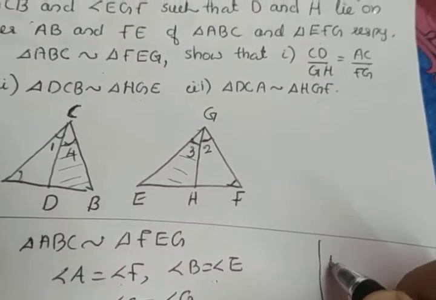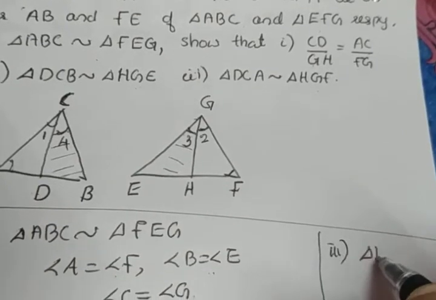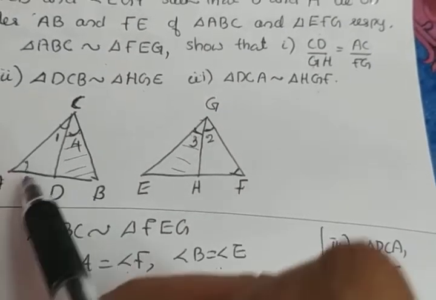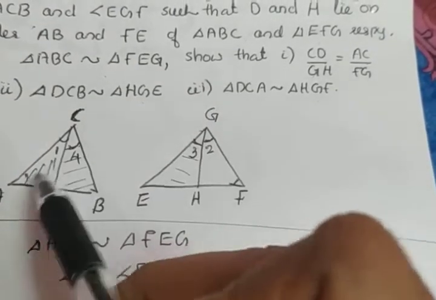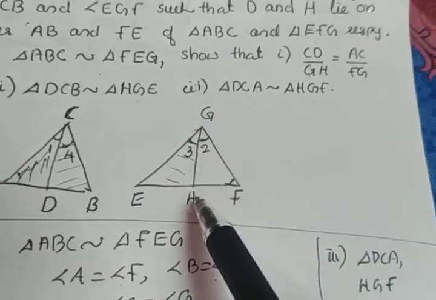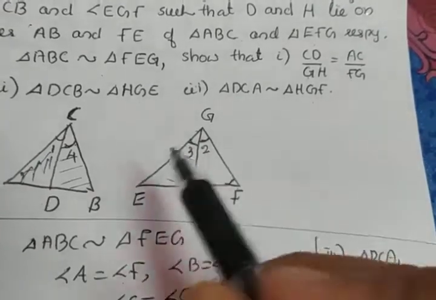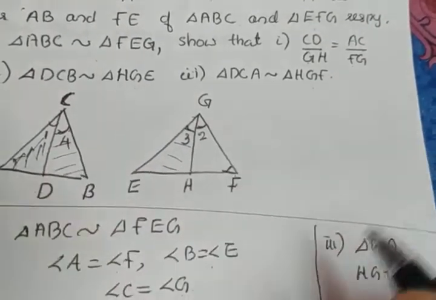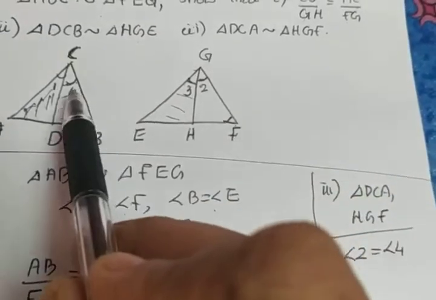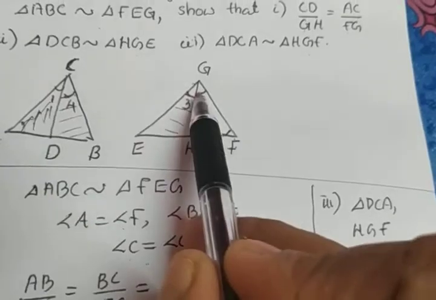And for the third one, we have to consider triangle DCA and triangle HGF. DCA means, if I shade like this, this is triangle DCA, and this is HGF. There also it is clear. Angle 2 is equal to angle 4, because of the angle bisectors and angle C is equal to angle G, which is given.